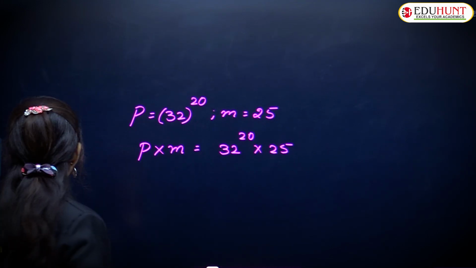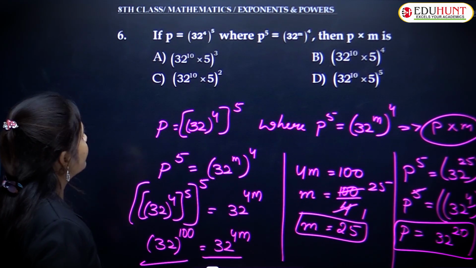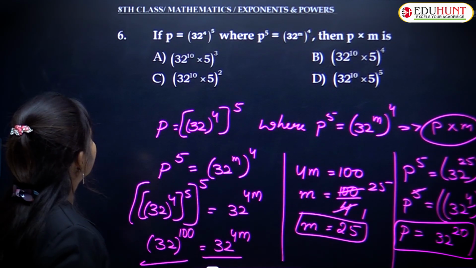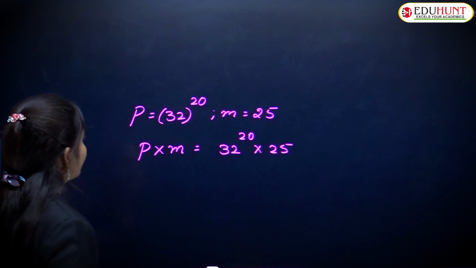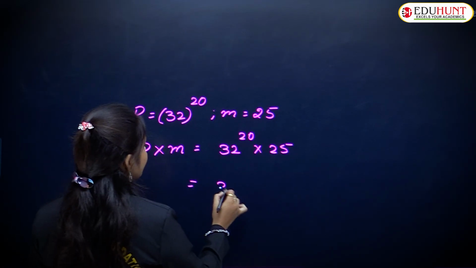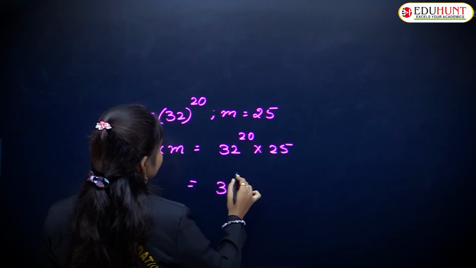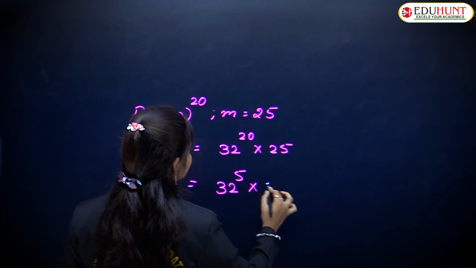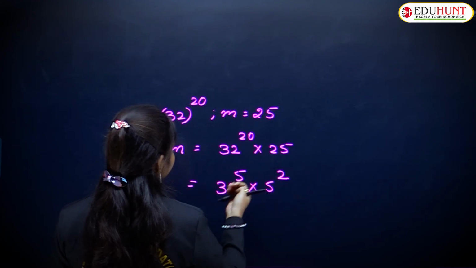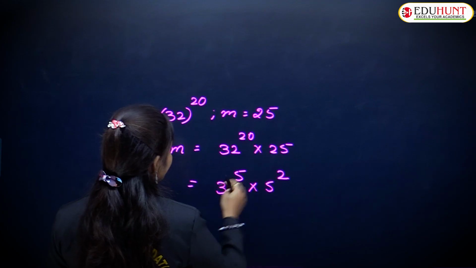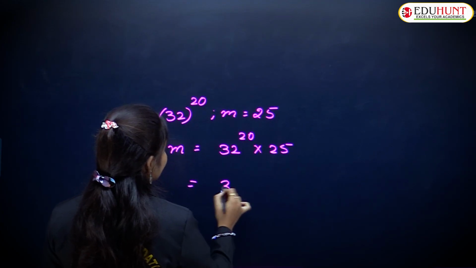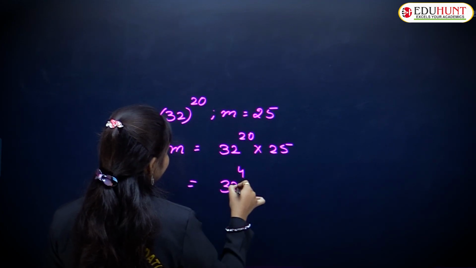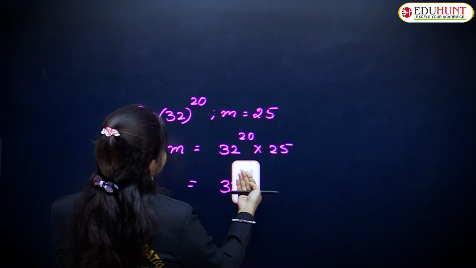Okay, so as per the options they have given here, we can write this as 32 power 5 into 5 square. At that case it is 5 square, no? So we can write this as 32 power 4 times 5, or 10.